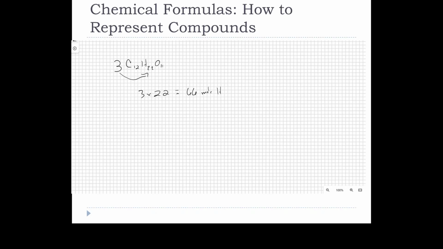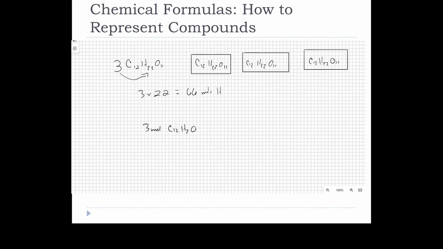Okay? Another way to do this would be this. I got 3 moles of C12H22O11. There's 22 moles of hydrogen in 1 mole of C12H22O11. Because this is what the compound tells me, right?